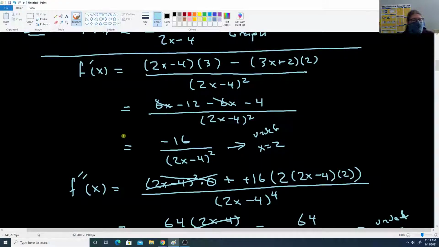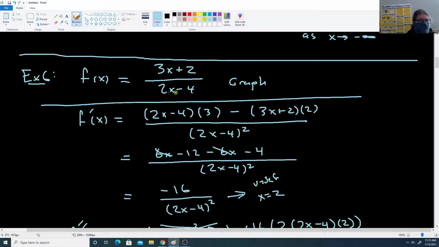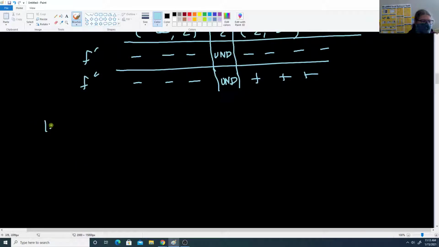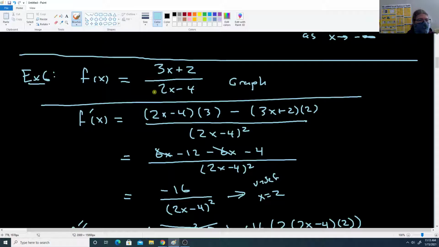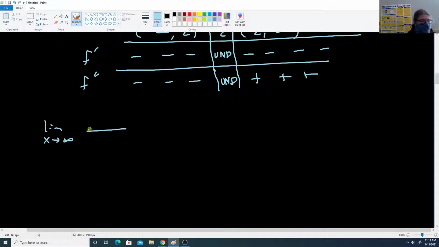Now I need to see what's the limit as x approaches infinity or negative infinity. So I'll do the limit as x approaches infinity of 3x plus 2 over 2x minus 4. And we'll do the limit as x approaches negative infinity. Okay, so as we go to infinity, this goes to infinity, that goes to infinity, so we're in the form infinity over infinity.